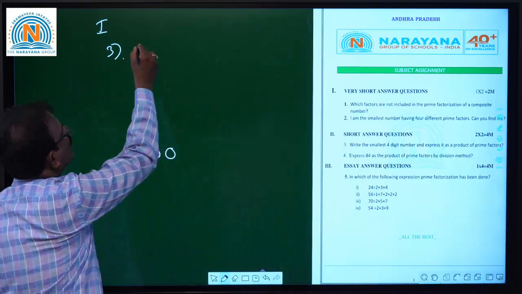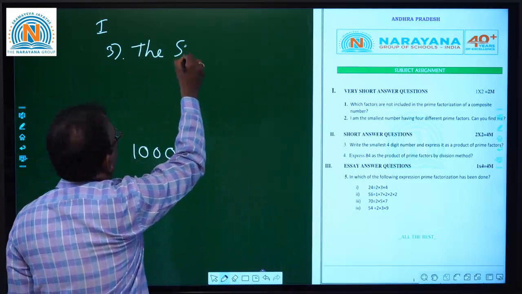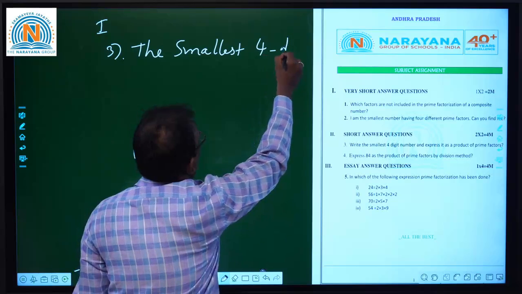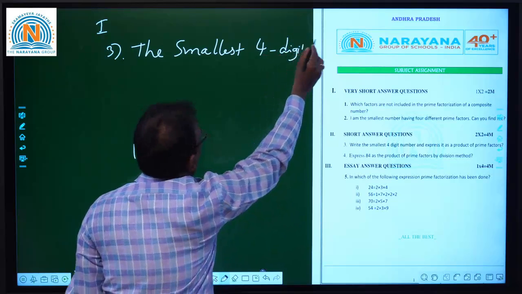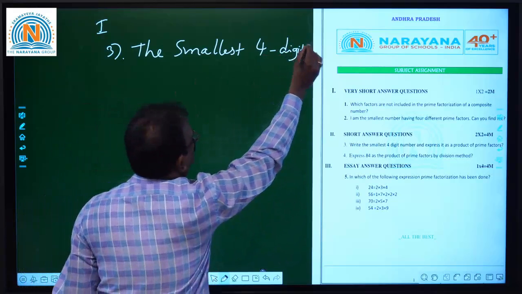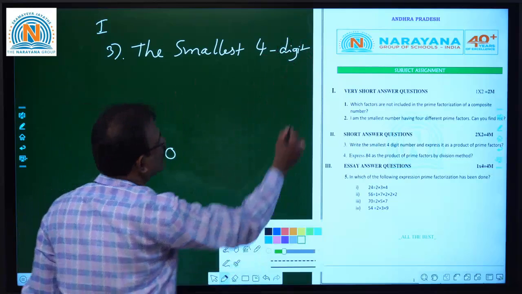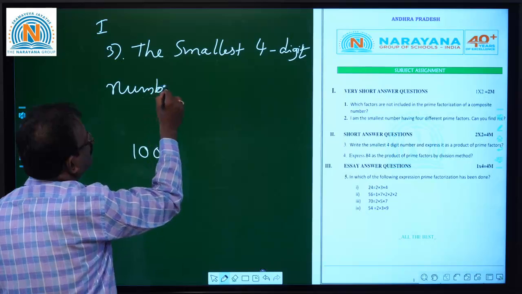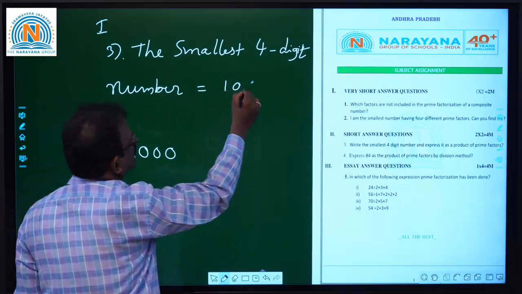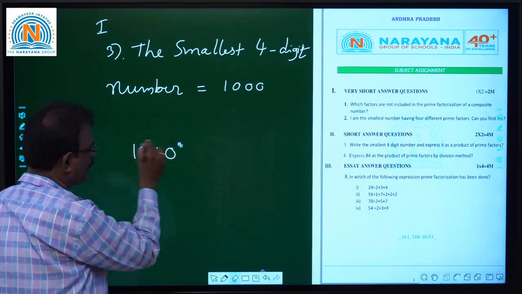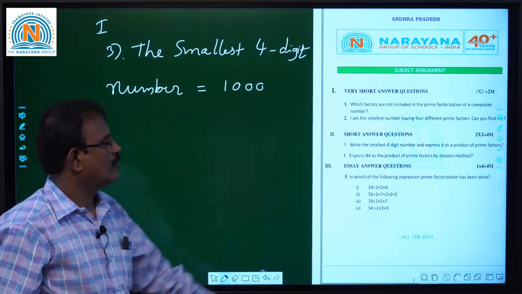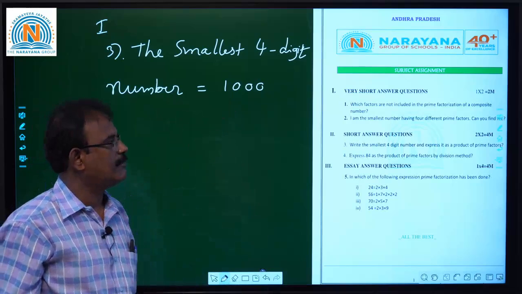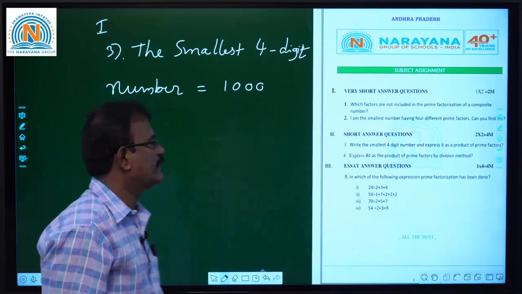It is 1000. So by taking the smallest 4-digit number, express it as a product of prime factors.